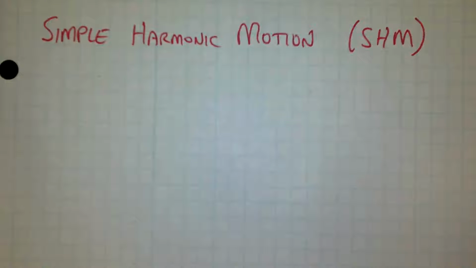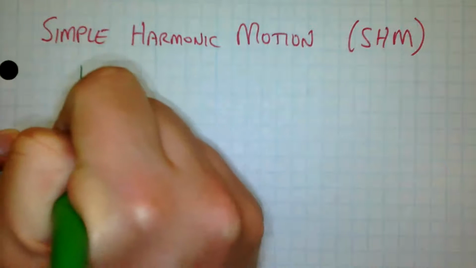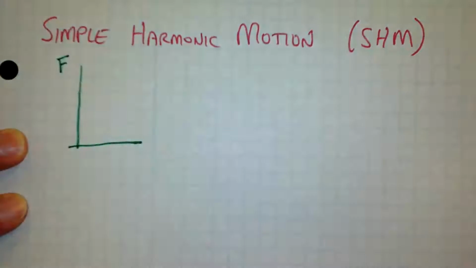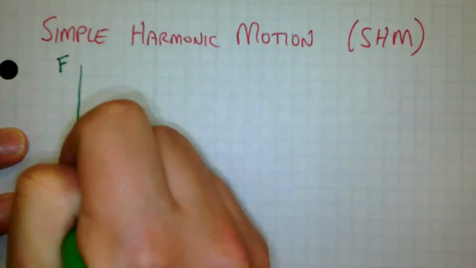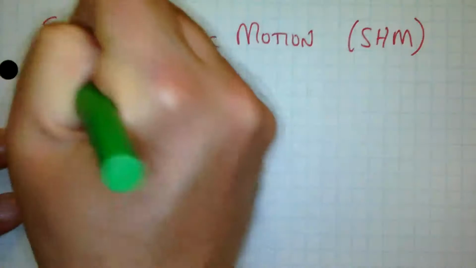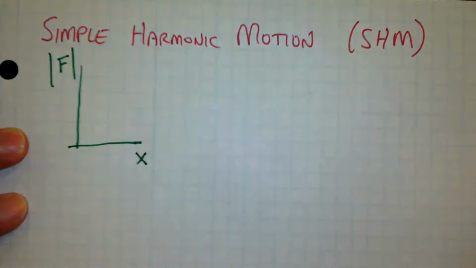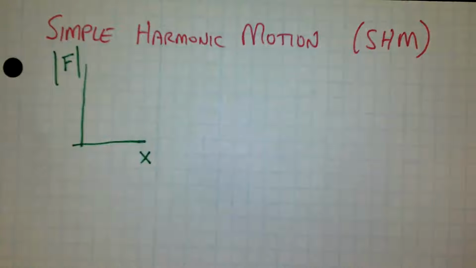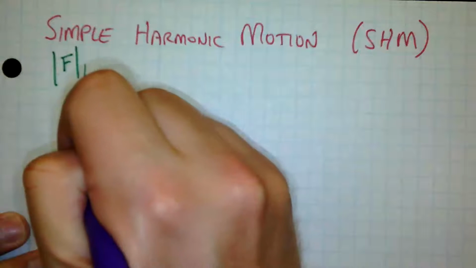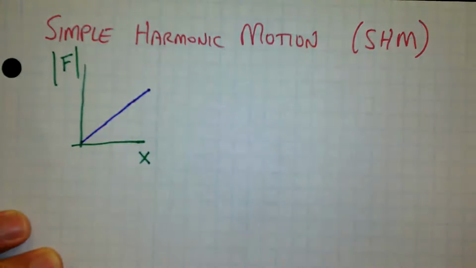So in other words, what you would expect if you were to graph the force that a spring exerts, and actually I'm going to say absolute value of force, based upon how far I compress it, is that the more I compress it, the more force there would be. To be something like this, right?